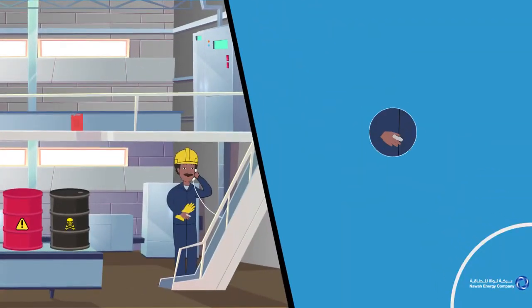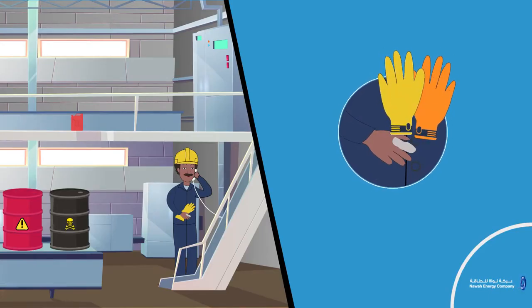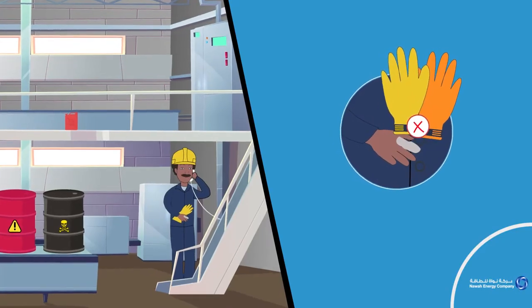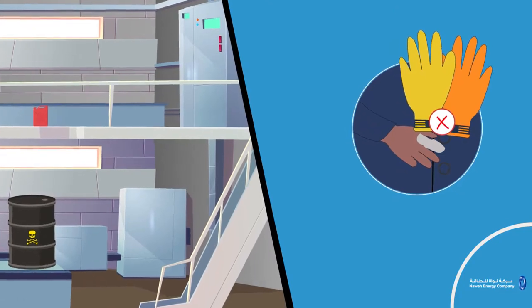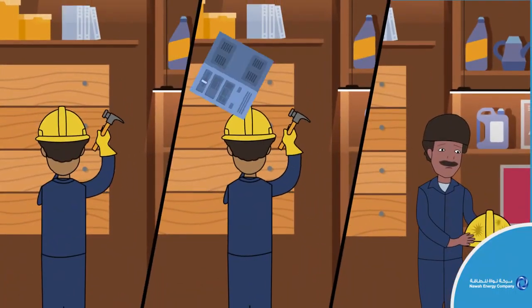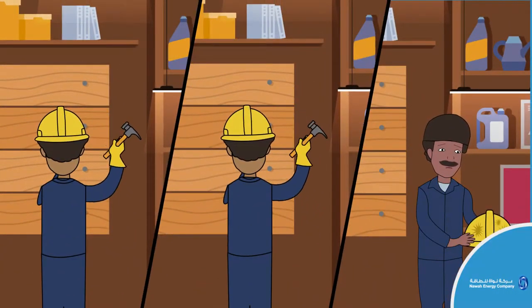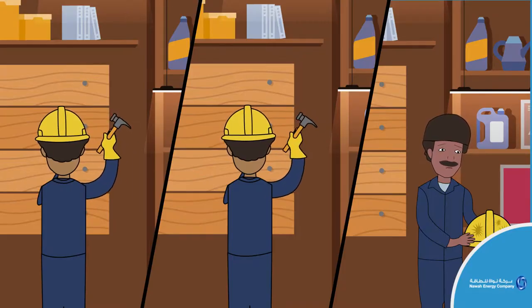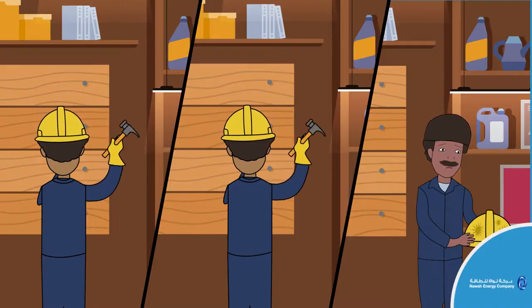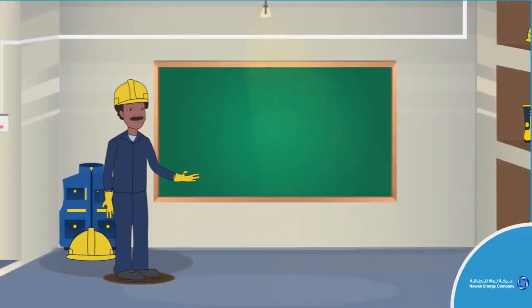Report any medical conditions that might impede the ability to wear PPE or to work safely in the environment. Remove from service PPE, hard hat, safety glasses, and safety shoes that has sustained an impact with the potential to damage the PPE.